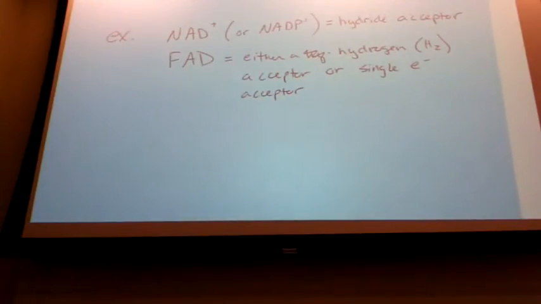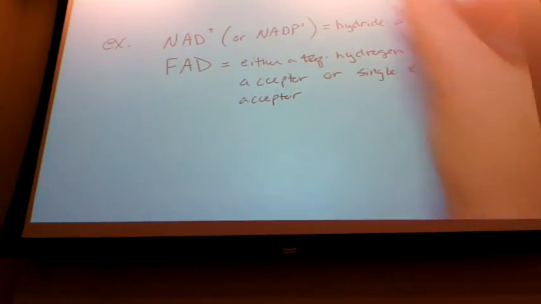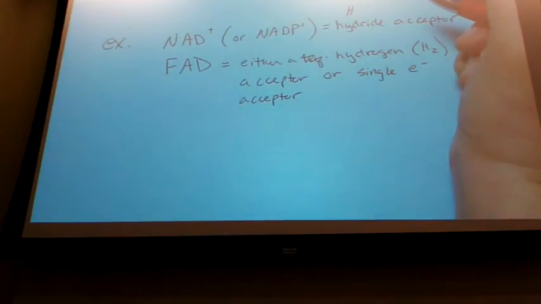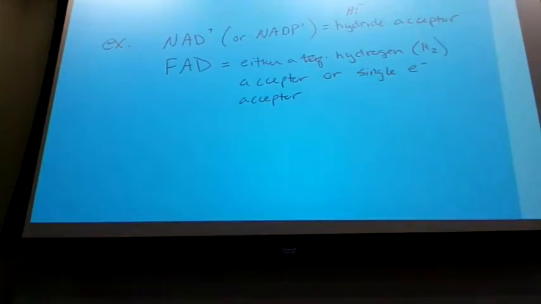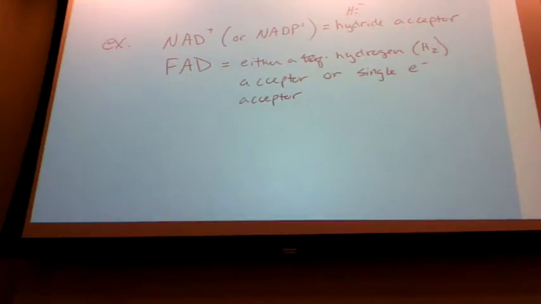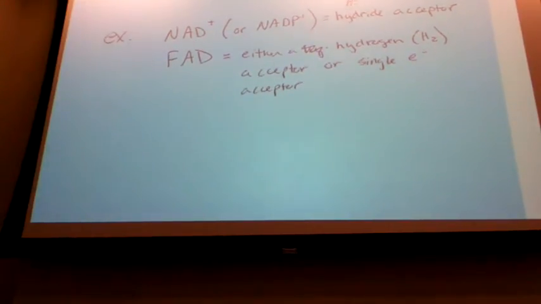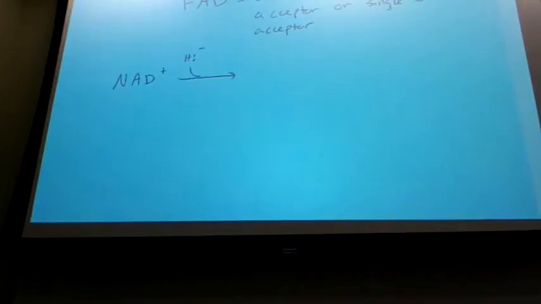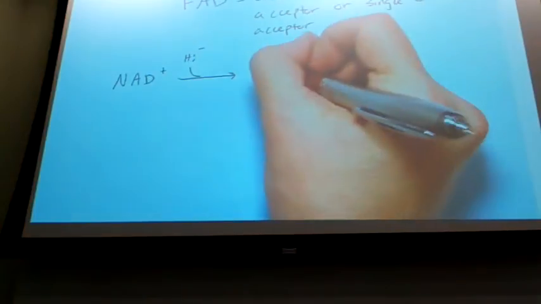What's a hydride? I've got a hydrogen with what on it? Negative charge, because it has two electrons. So NAD plus, and I'm just going to write it like this for now, as a hydride comes in, makes NADH.